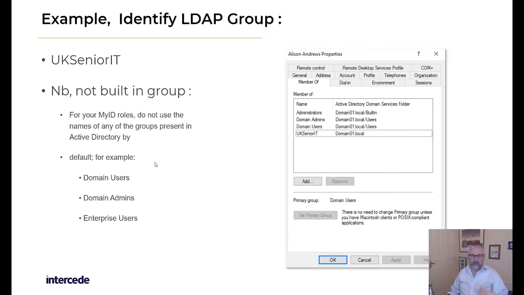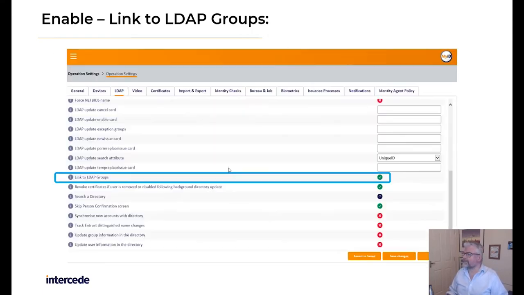This is because we do a group membership check with Windows and a member of check when we import the user into MyID, and system groups aren't reported within that. Okay. So here, a couple of configuration steps you need to do within MyID.